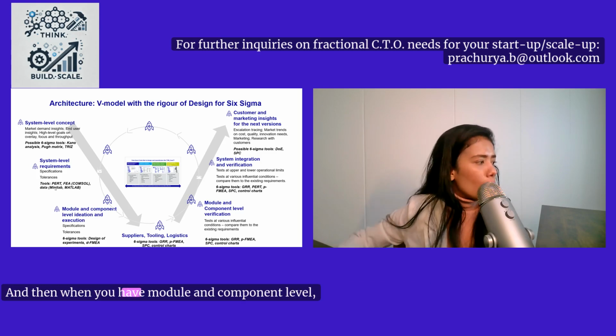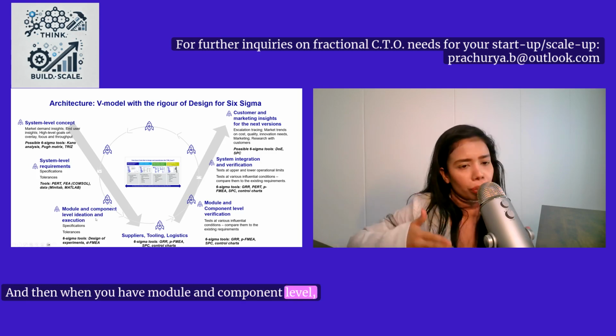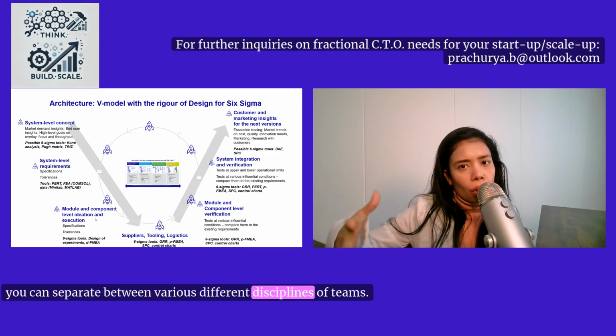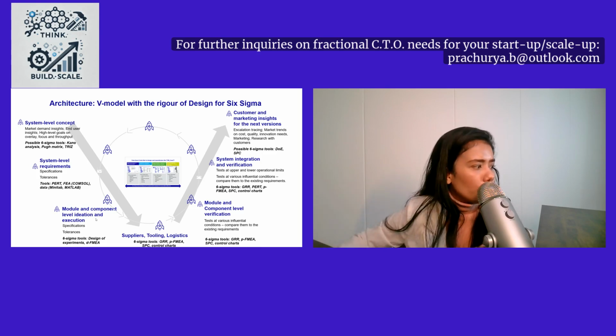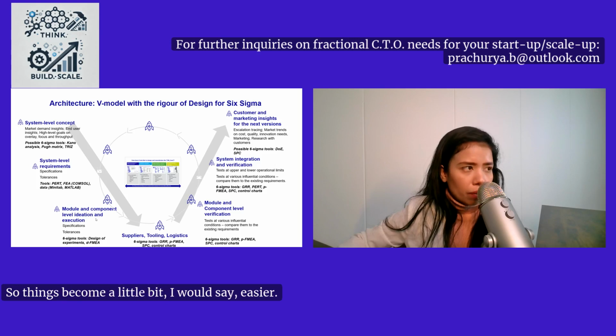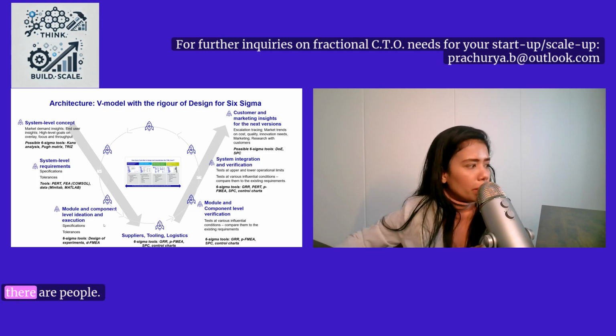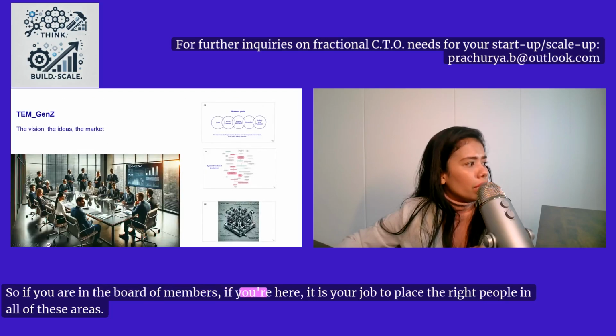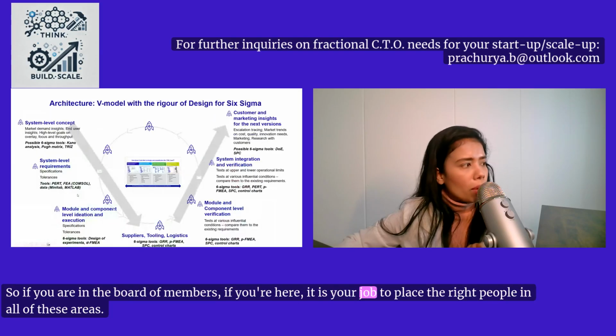And then when you have module and component level, you can separate between various different disciplines of teams. So things become a little bit, I would say, easier. So if you're on the board of members, it is your job to place the right people in all of these.